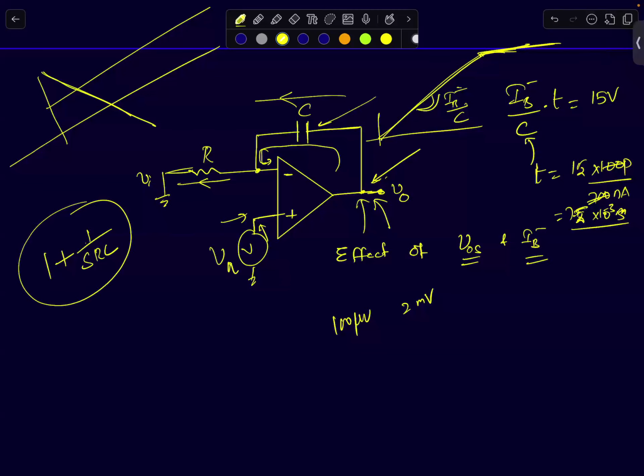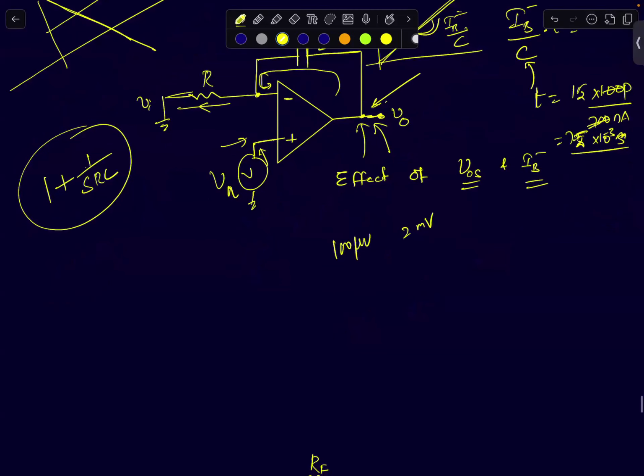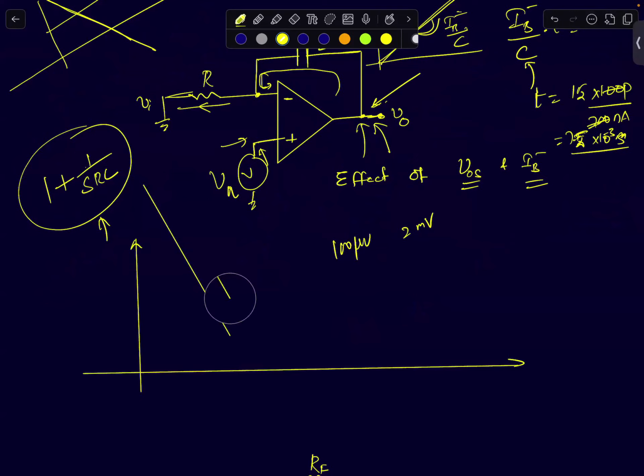If you substitute S equal to j omega and plot this transfer function, it will look like this. At DC, the value of this function is infinity. It will keep decreasing. I'm plotting it on a log scale, so this will be a linear graph.